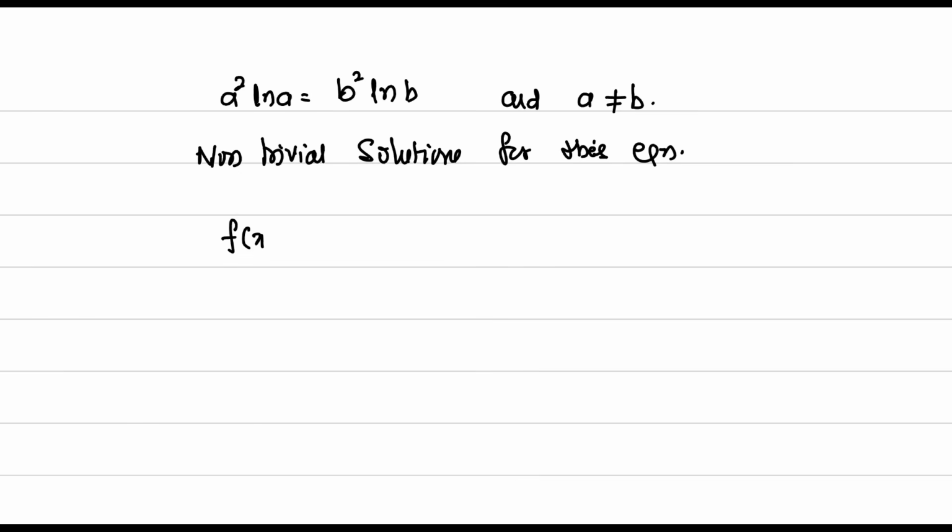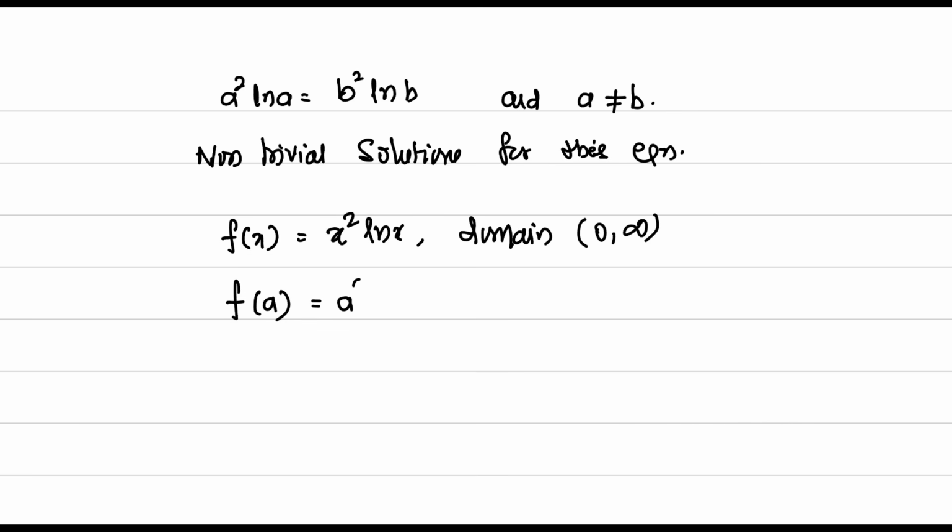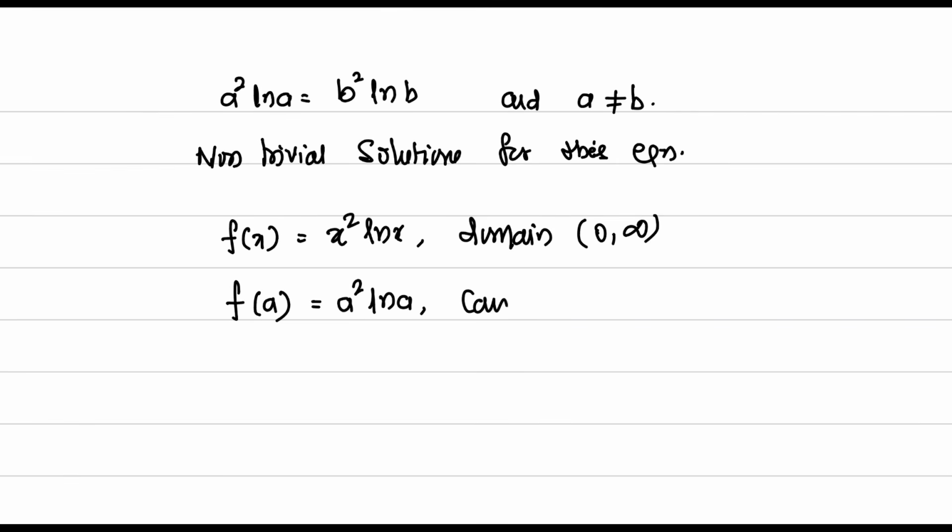Function f(x) is equal to x square ln x. It has a domain of 0 to infinity. That means function f(a) is equal to a square ln a can take any value between 0 to infinity.